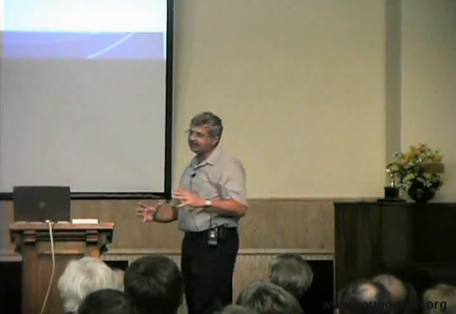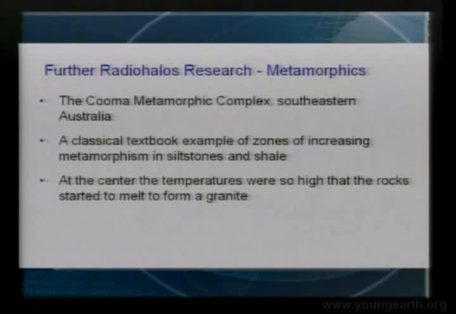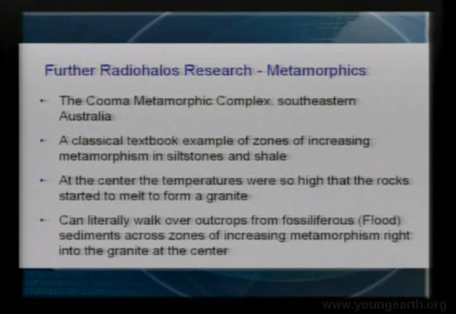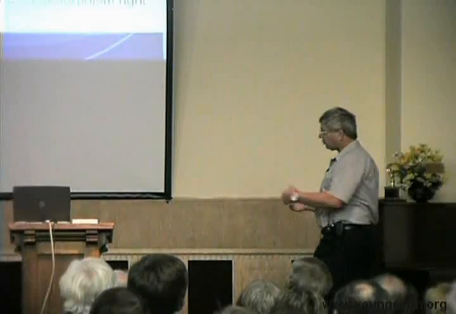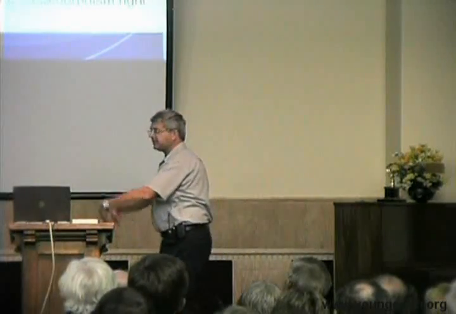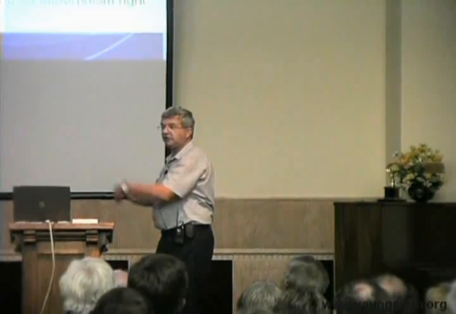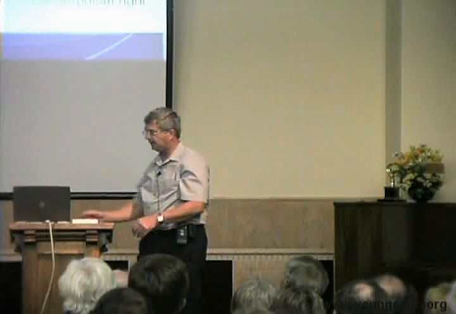And at the very centre of this complex, the temperatures were so high that the rocks melted to form a granite. And you can actually literally walk from outcrops of fossiliferous sediments that obviously were formed during the flood across these zones of increasing metamorphism of the original fossiliferous sediments until you get right into the granite in the centre.